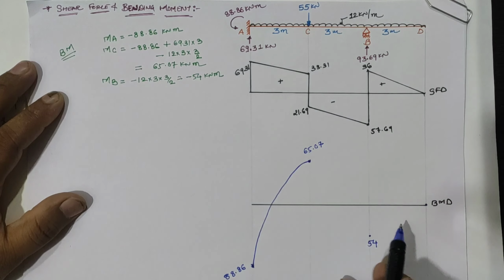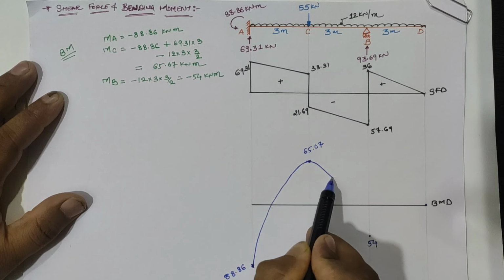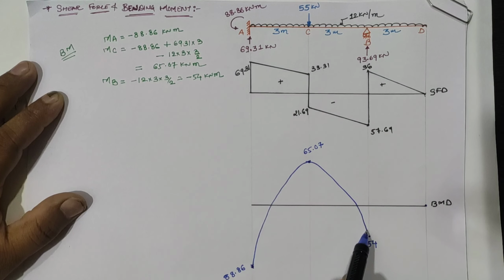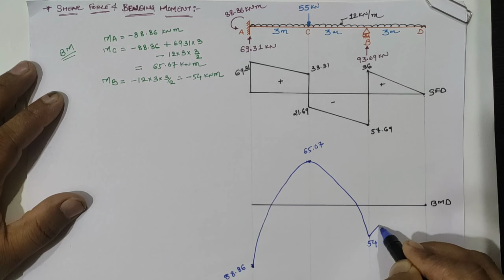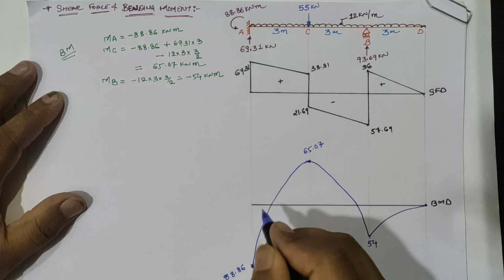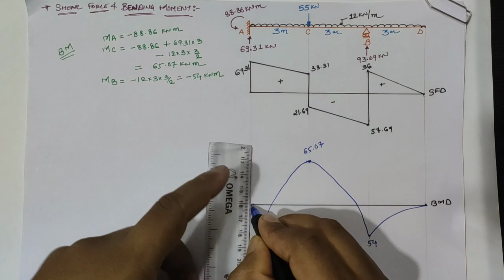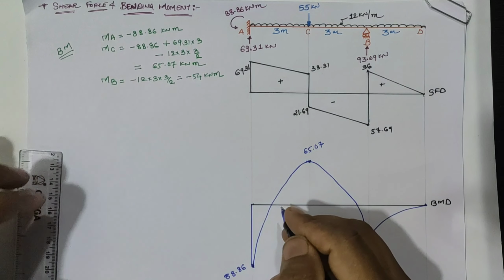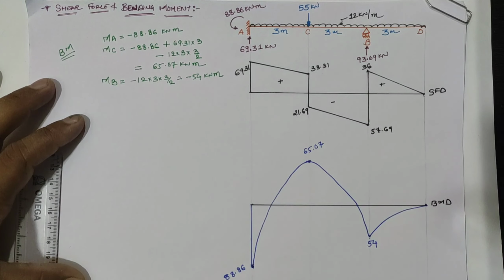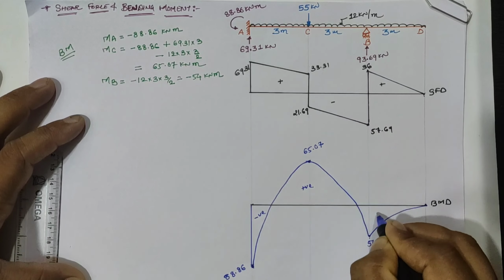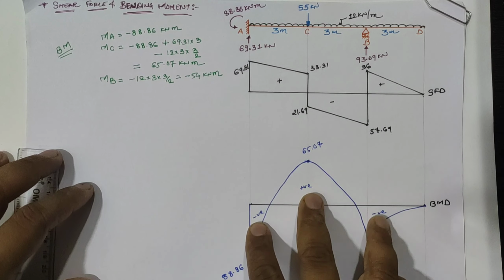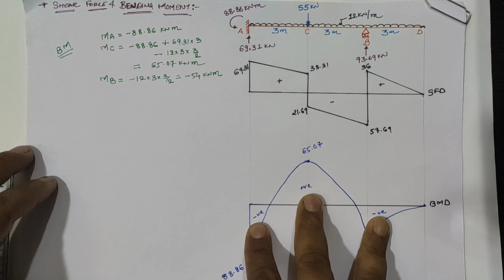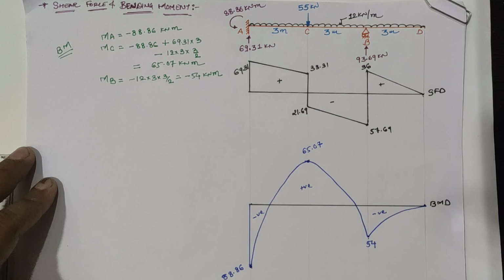From C to B, it is also a curve due to the UDL, and from B to D, it is again a parabolic curve due to the UDL. Hence the diagram indicates a parabolic curve throughout, and the diagram gives the negative and positive directions as described in the bending moment diagram.